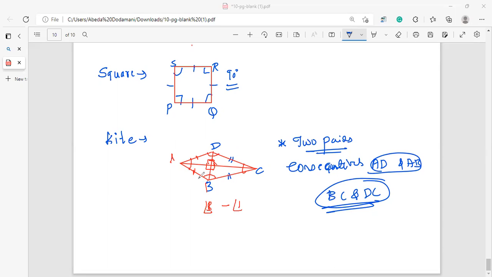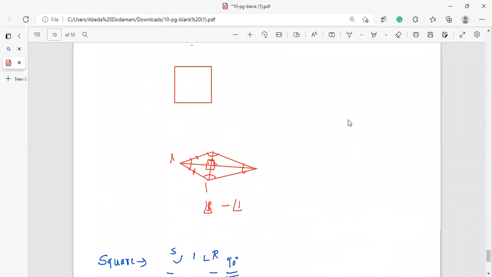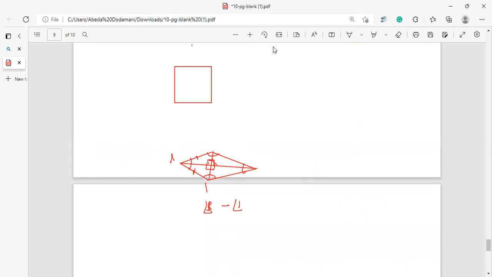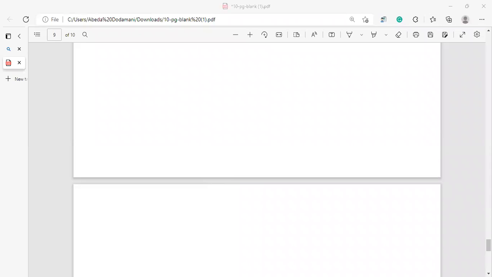Okay, so till now we have discussed the parallelogram, the rhombus, and the rectangle, and we have also discussed the next characteristics. So now let us discuss the next things, which are again important for further discussion.